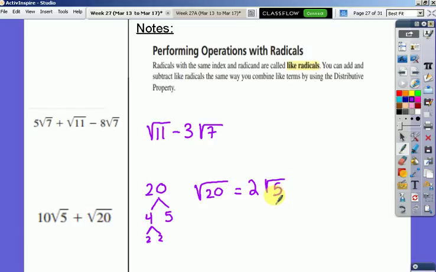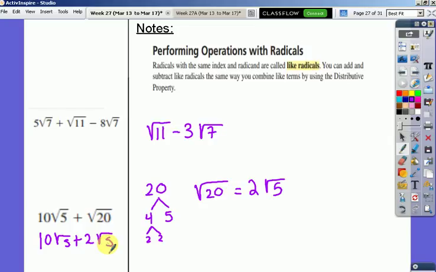So in this case, I now have 10 root 5 plus 2 root 5. So what do I have? 10 root 5 and 2 root 5 make 12 root 5. You're combining the like radicals like you would your like terms.